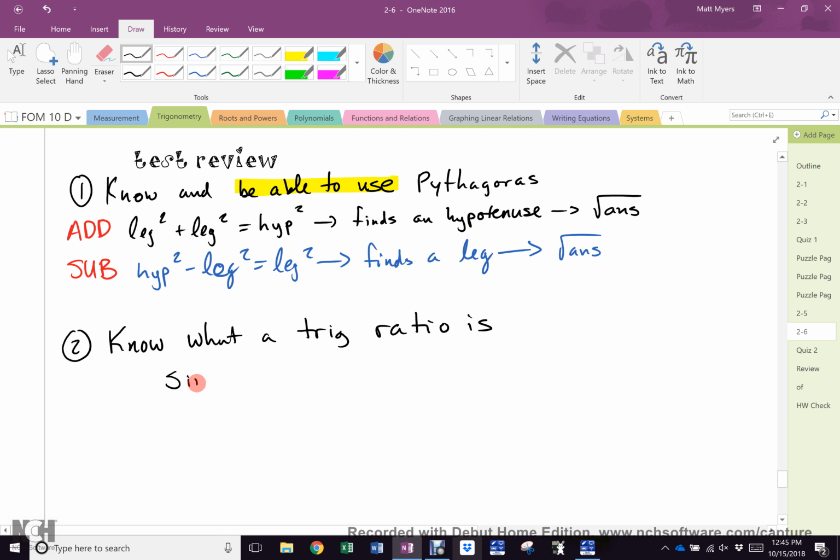Sine is one of them. Cosine is the second one. Tangent is the third one. On your calculator, they are sin, cos, tan. What are the two things being compared? No. Which sides? The legs are which one? Sine or cos or tan?